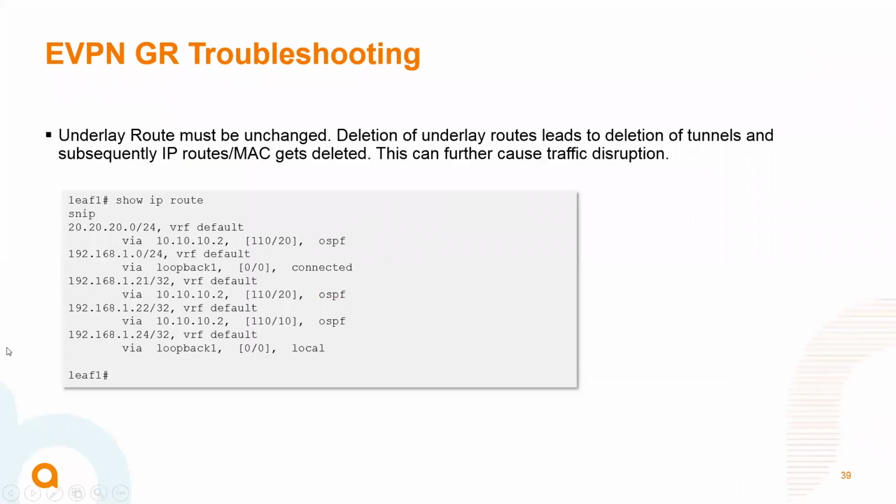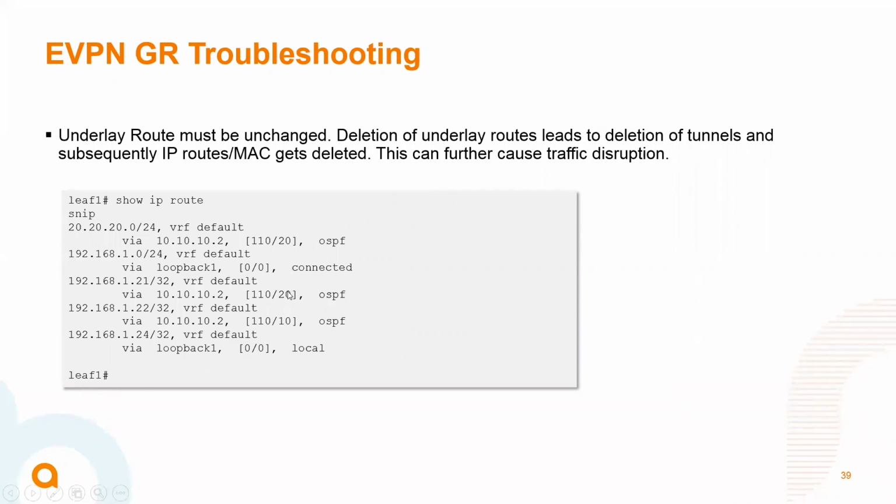The next step is the underlay protocol. In the demo that I'm going to show, usually the underlay would be OSPF. So the underlay route, whichever is there, must remain unchanged on Graceful Restart. When the HP routing is undergoing Graceful Restart, it means all the protocols underneath are going through Graceful Restart together with that, so even OSPF routes should not get deleted.